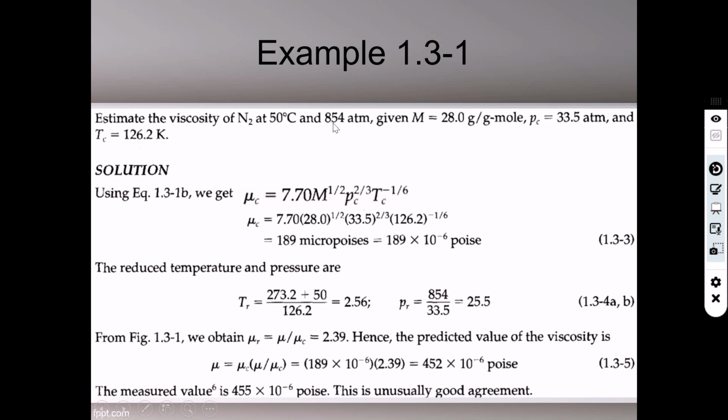Pressure, you get pressure here, and PC is here, so you get a PR here. So PR is, let me write down. Okay? So we have PR and TR.